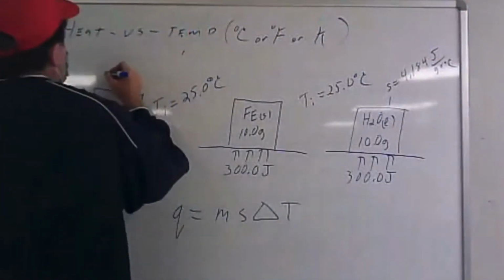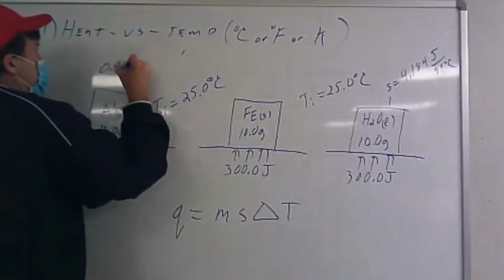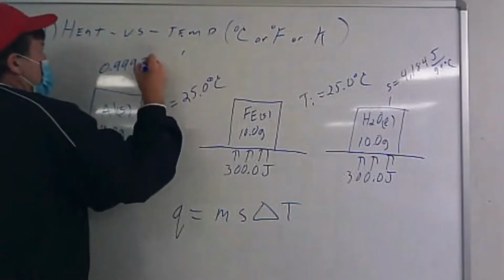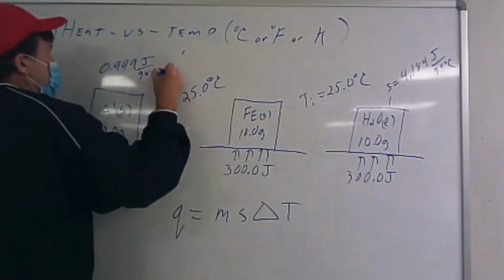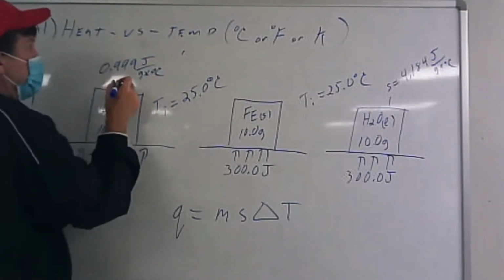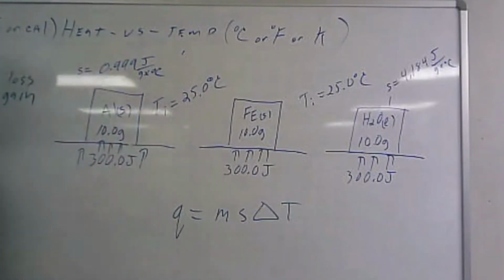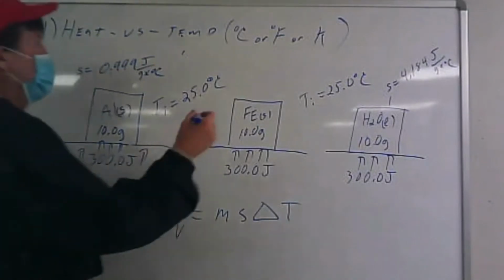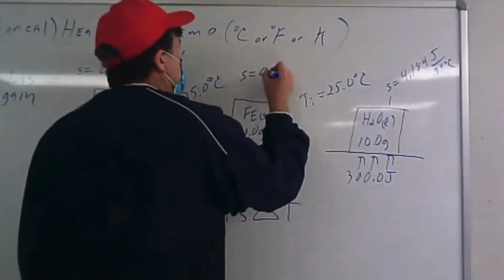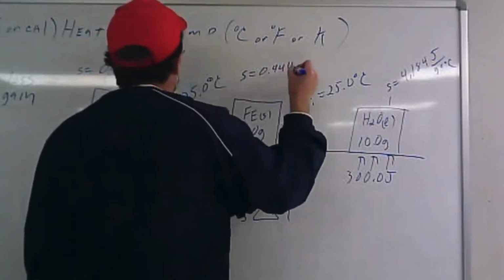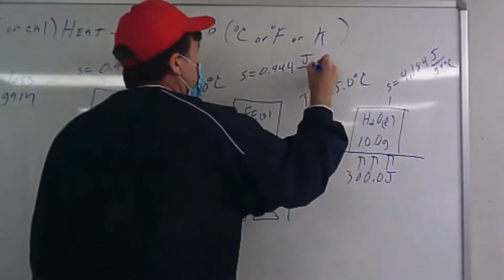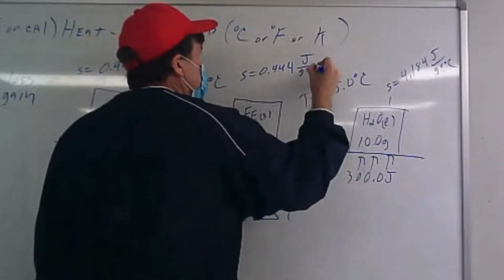Aluminum is 0.999 joules per gram times degrees C. So this is S. Big difference in specific heat capacity. The iron, I believe, is 0.444, just confirming. So the iron S equals 0.444 joules per gram times degrees C.